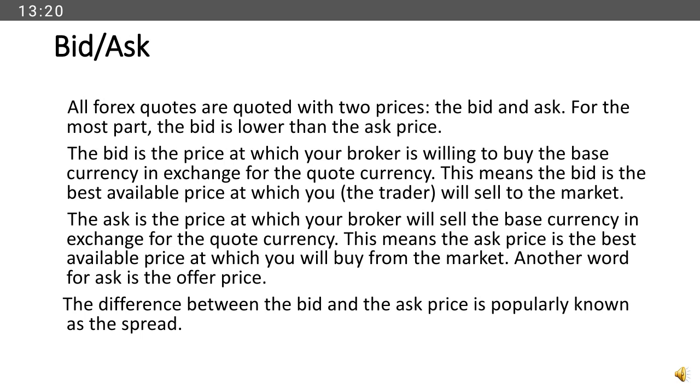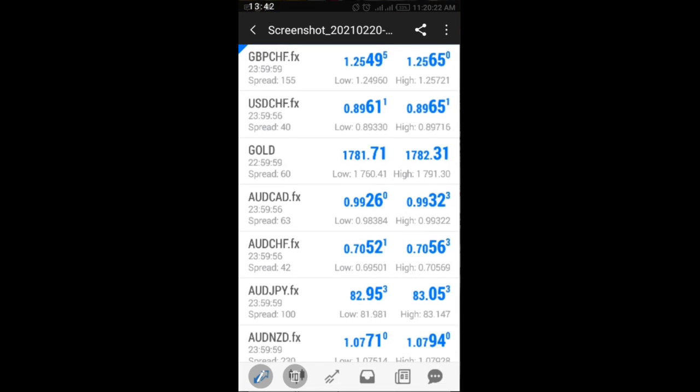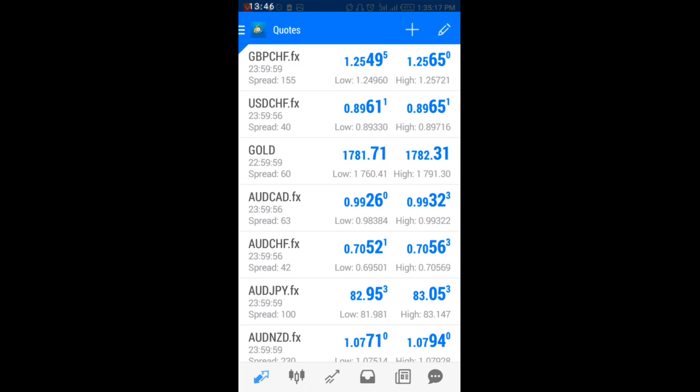Now, the difference between the bid and the ask price is popularly known as the spread. In my last video, I mentioned spread. So, spread is the difference between the bid price and the ask price. Let me show you again. Look at this. You can see GBP CHF.